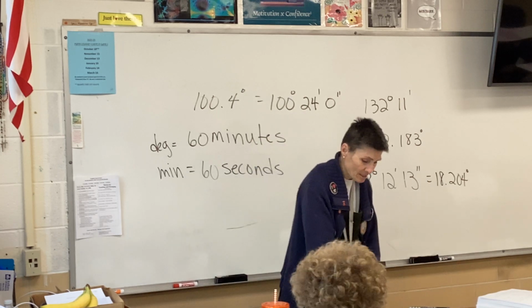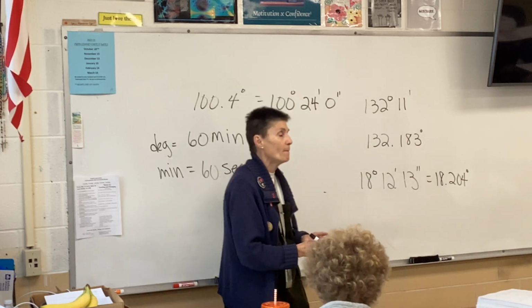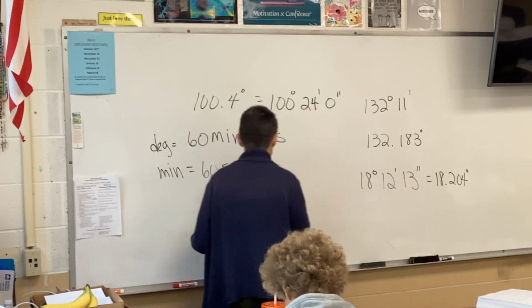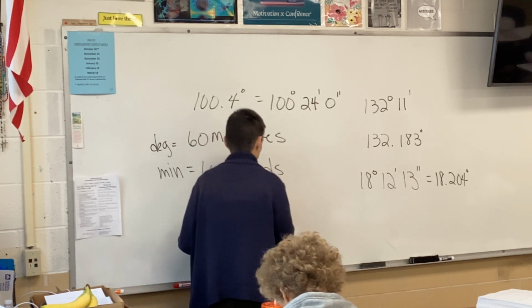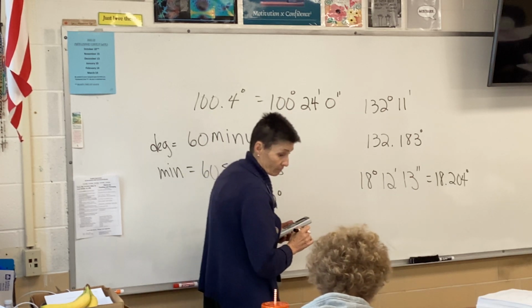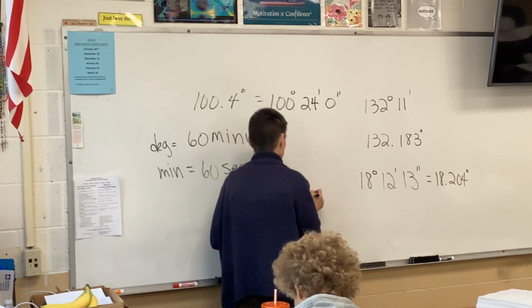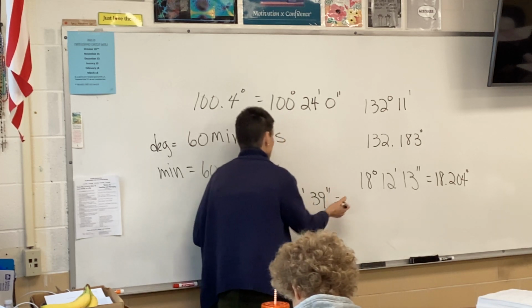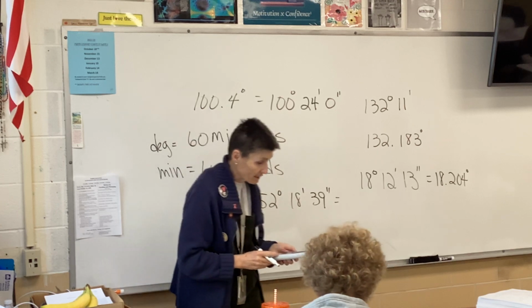All right, try that last one on your own. See if you can remember all the buttons you need to press to change this guy into decimal degrees, into just a regular decimal.